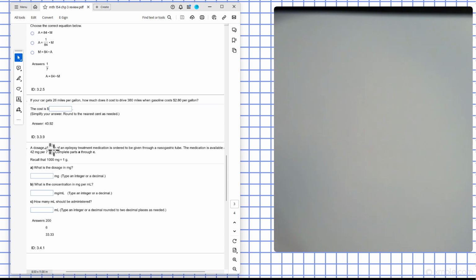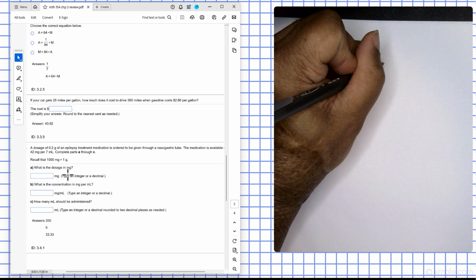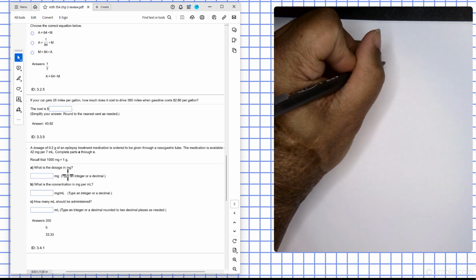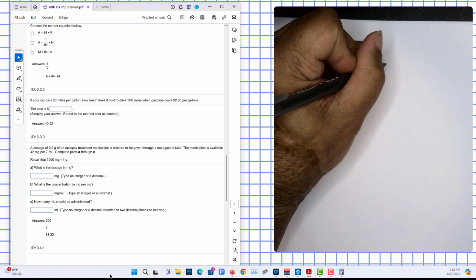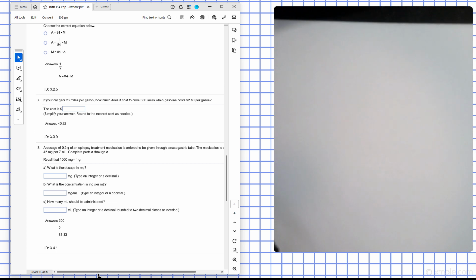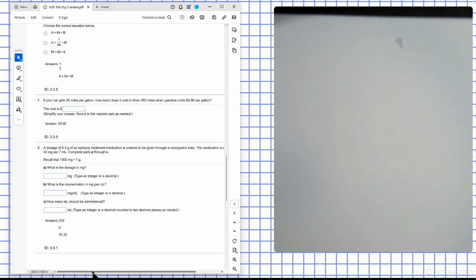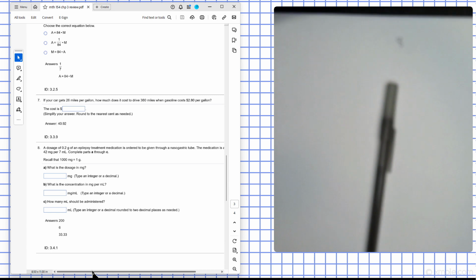So the dosage here is in grams. So in milligrams, you can multiply this out.